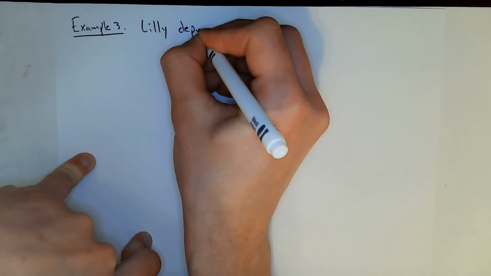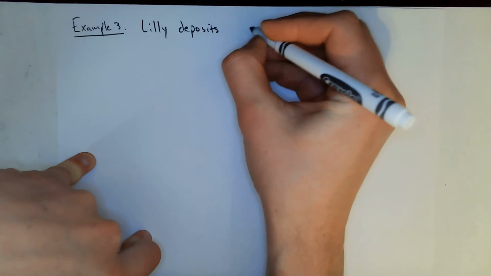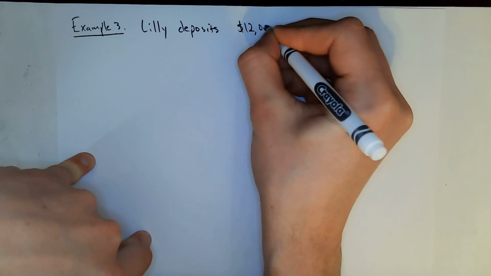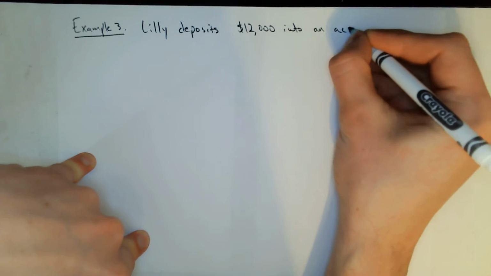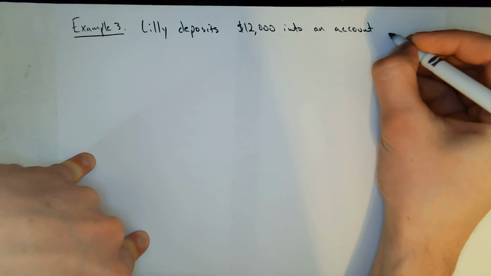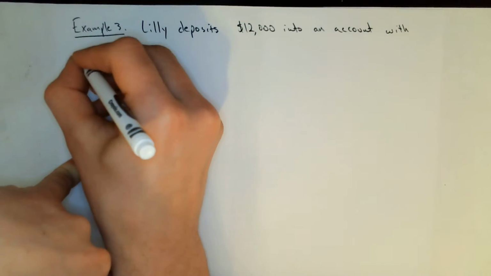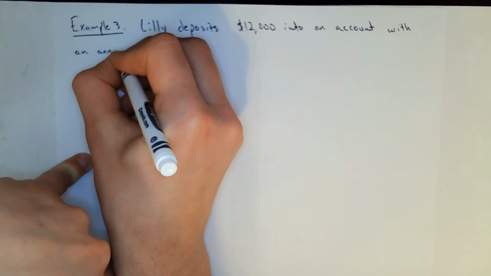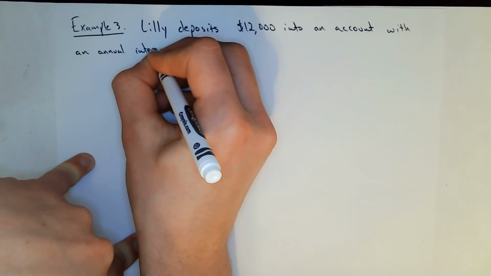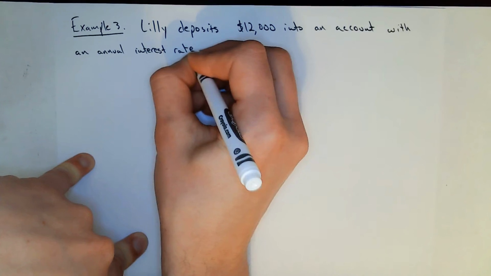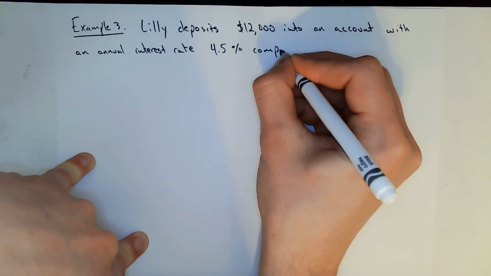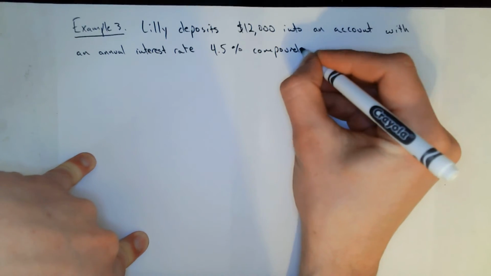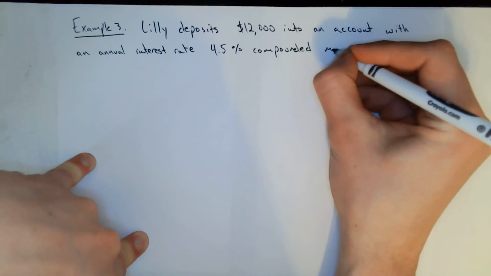It says, Lily deposits $12,000 into an account with an annual interest rate of 4.5%, and let's say that it compounds monthly.